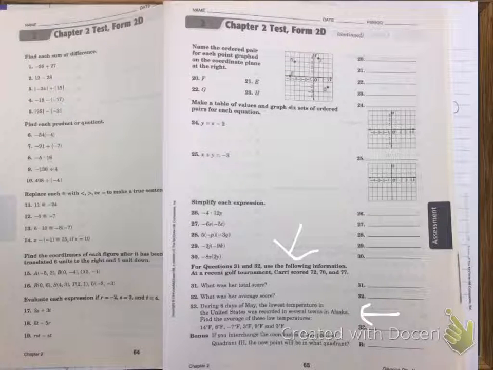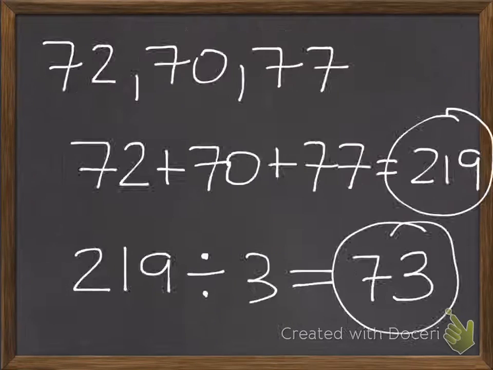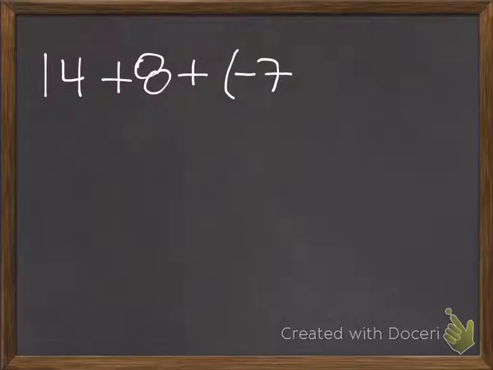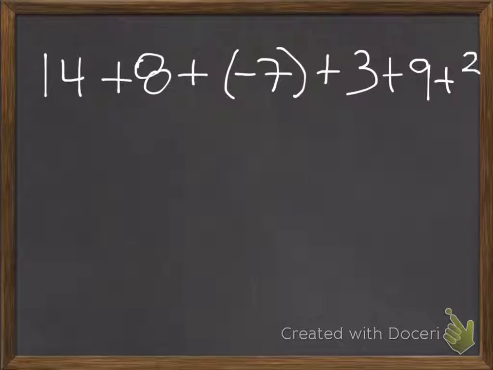So our numbers are 14, 8, negative 7, 3, 9, and 3. So 14 plus 8 plus negative 7 plus 3 plus 9 plus 3.